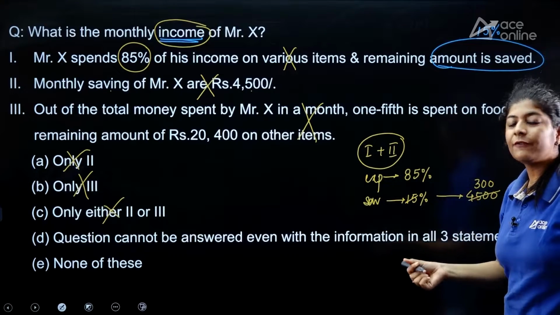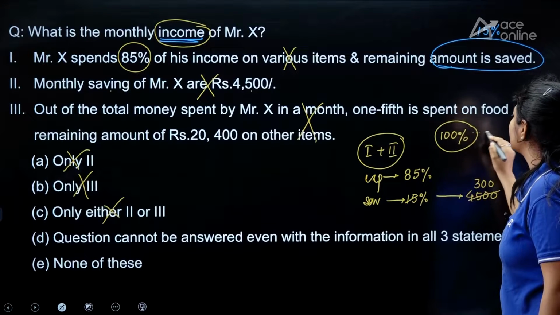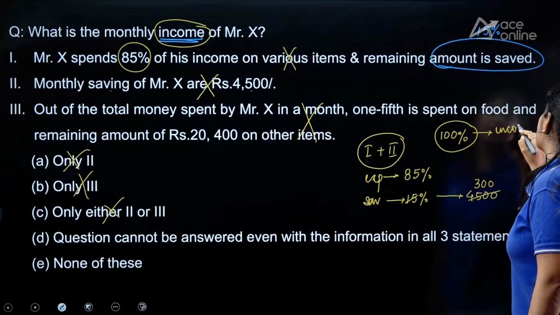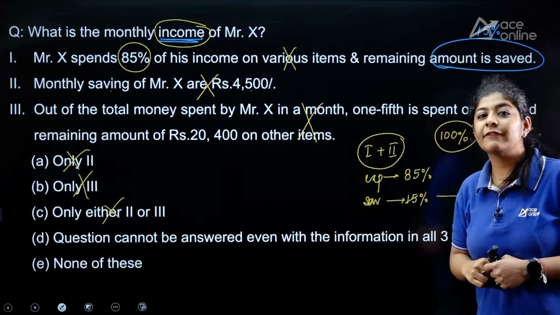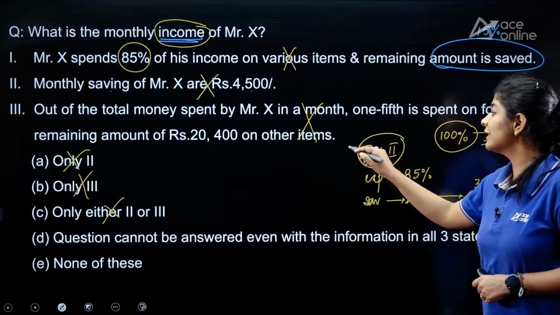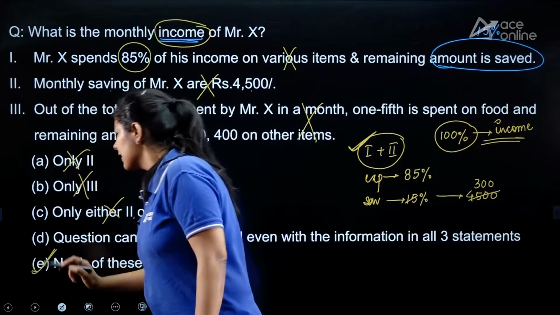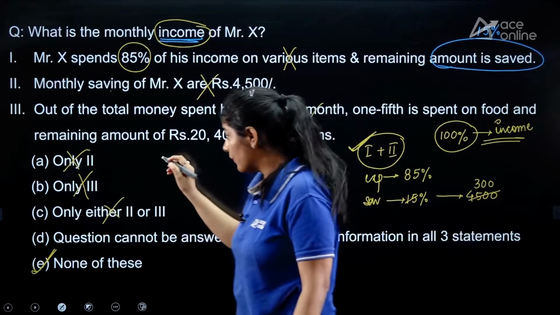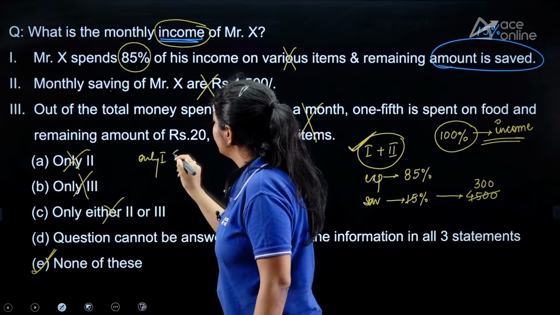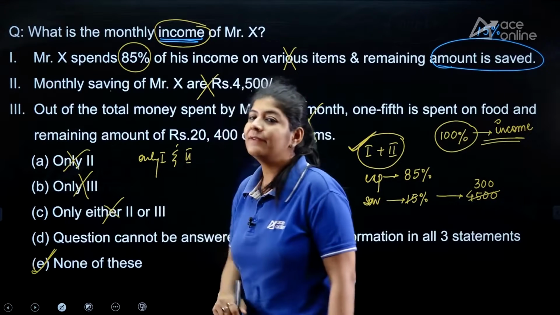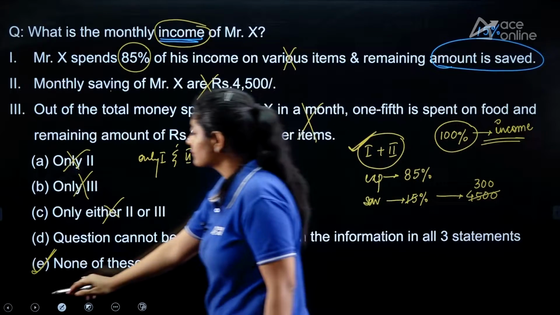So can we find the total 100%, because this 100% is nothing but the income of Mr. X? But we can only define it when we combine both the statements together. That means none of these is the correct answer over here. If we had an option which says only first and second, then we could easily select that, right? Next.